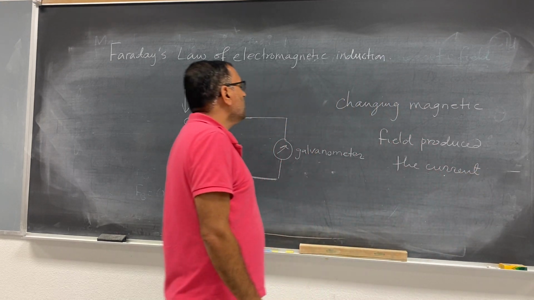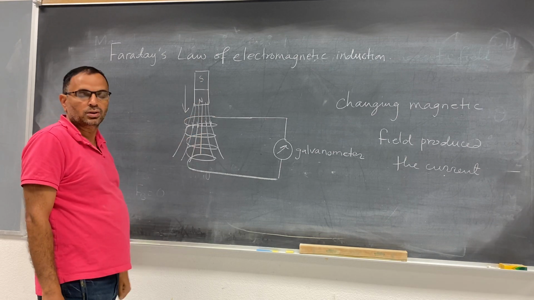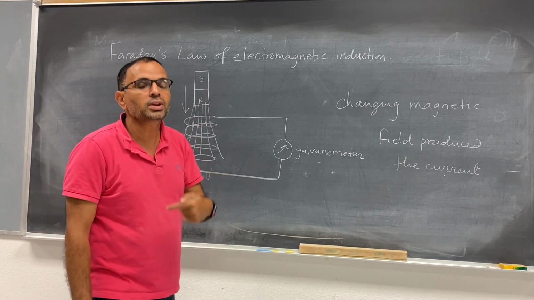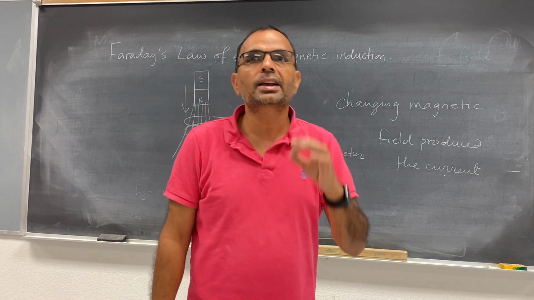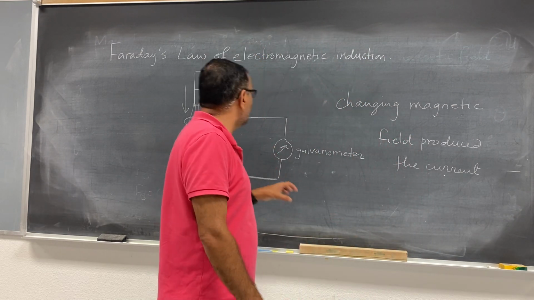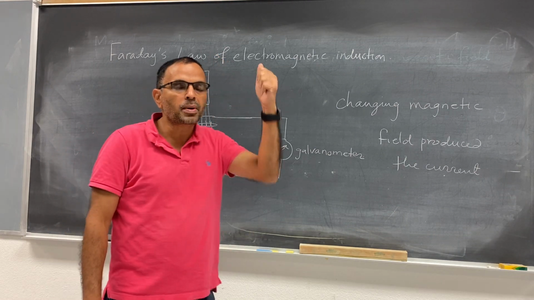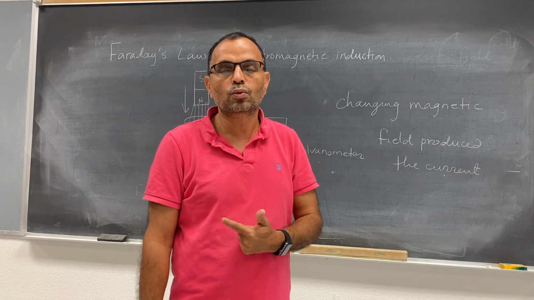So what does this mean? If you move the magnet up and down, that means the magnetic flux linked with the coil is changed. The rate of change of magnetic flux induces the electromotive force in the coil.